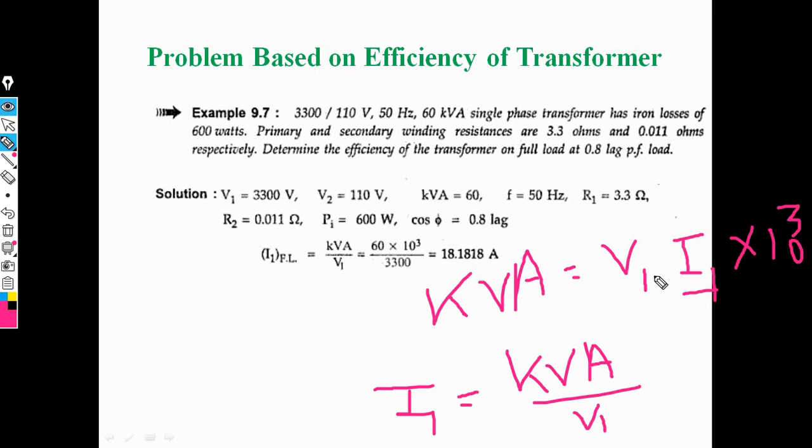The kVA rating is given as 60, multiplied by 10 raised to 3. The voltage V1 is 3300.